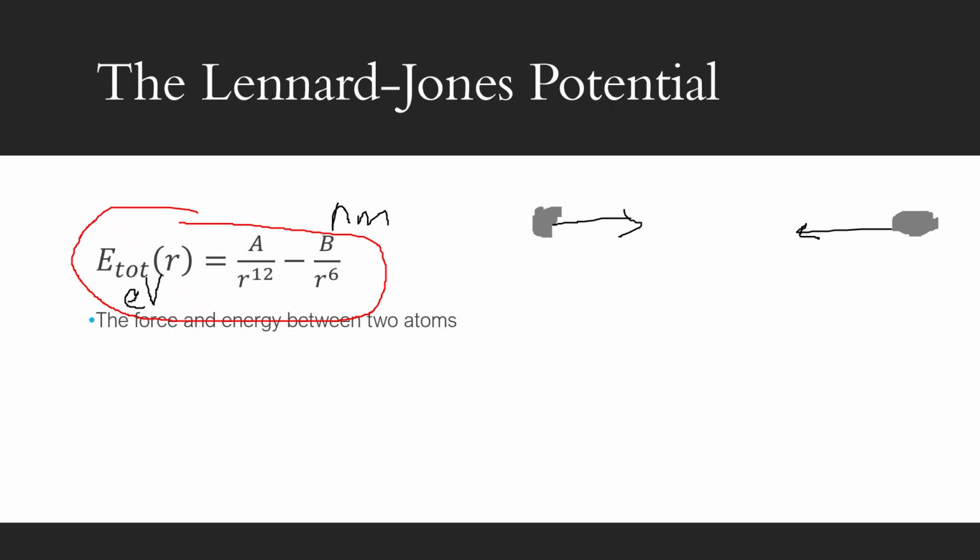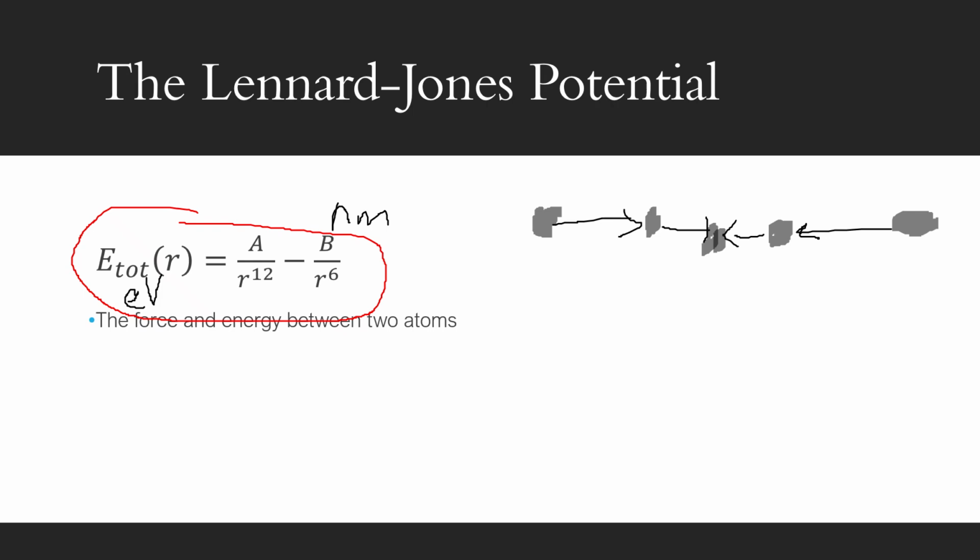Then they get to some point where the attractive force becomes very strong, and it becomes even easier to move them closer together. They are brought all the way closer until they are touching.